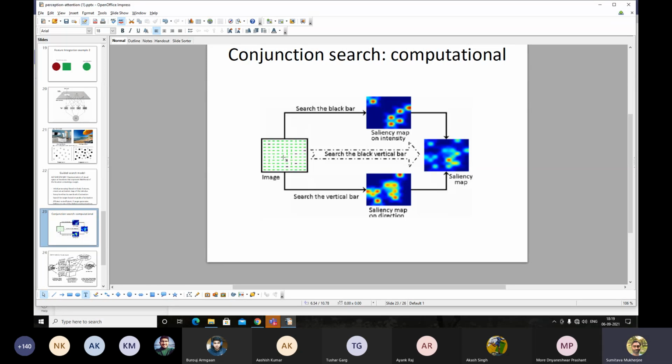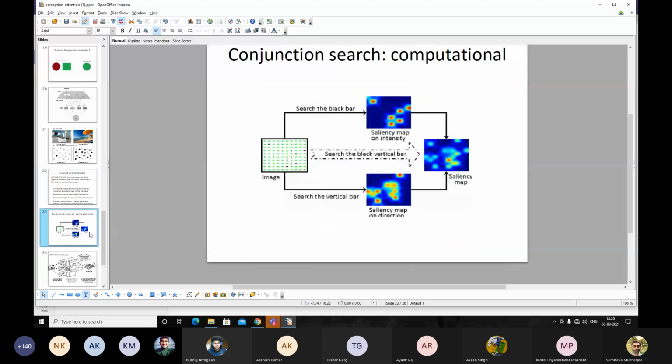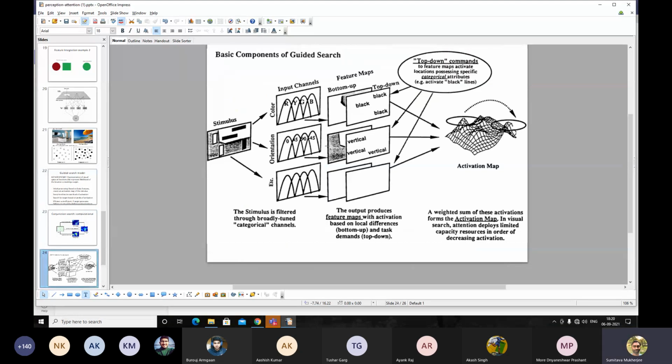So this essentially is a model of attention when you are doing conjunction search, based on formation of the saliency map, implementing the guided search model computation. This is even more detail if any of you are interested.